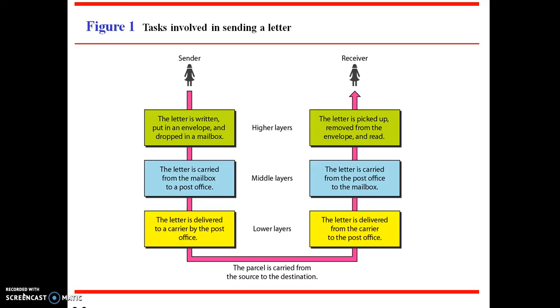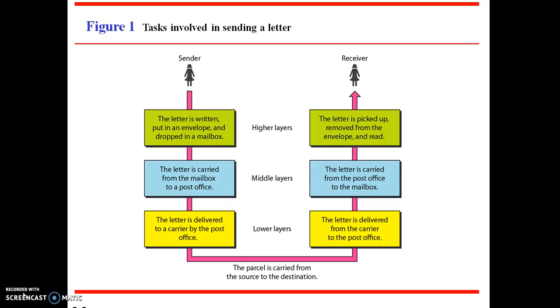Now you can see how exactly it will happen. With the help of this diagram we can understand the tasks involved in sending a letter. On the sender side, first the letter is written, put into an envelope and dropped into the mailbox. A mailbox is nothing but a post box.